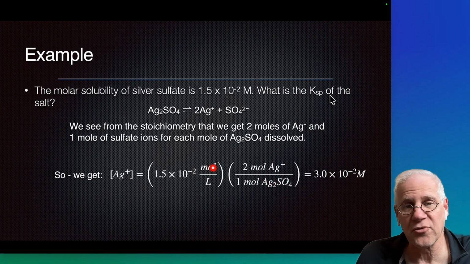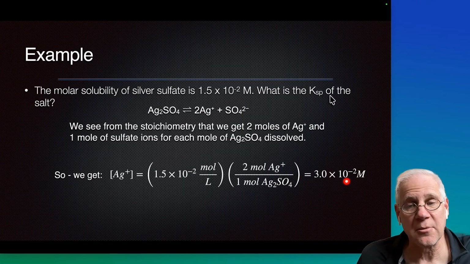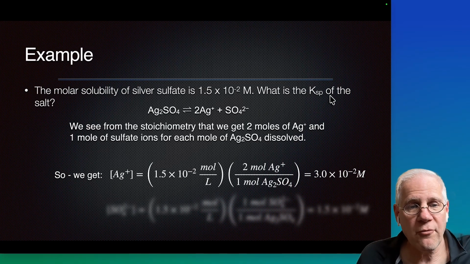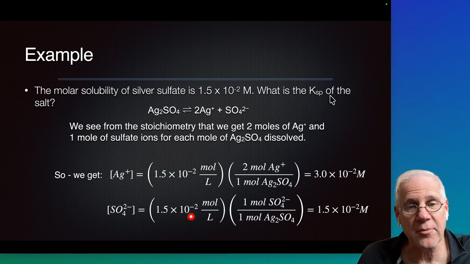So my moles of silver sulfate would cancel, and I'm left with 3.0 times 10 to the minus 2 molarity of silver. For my sulfate, it has a 1-to-1, so I have 1.5 times 10 to the minus 2.